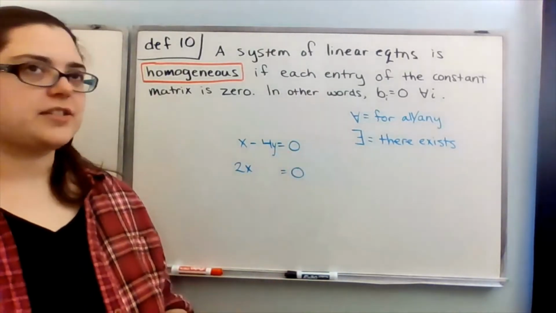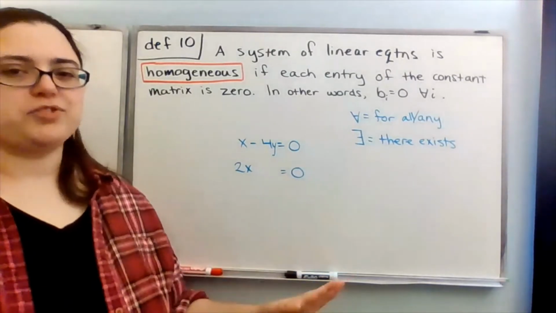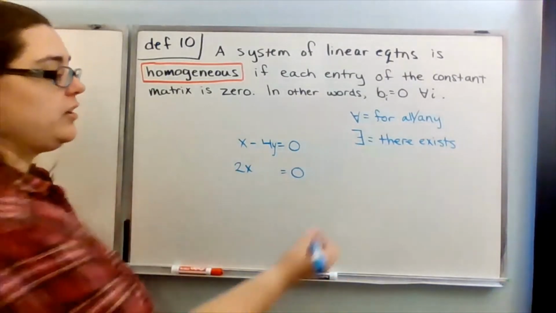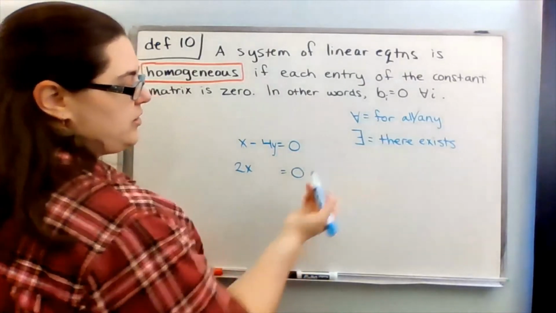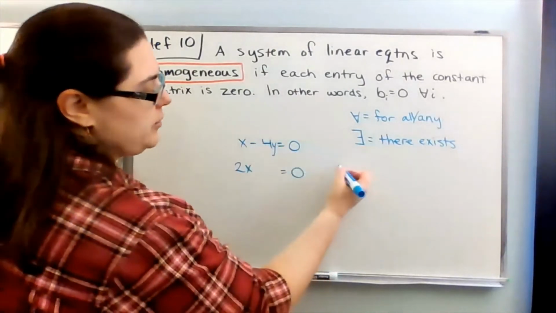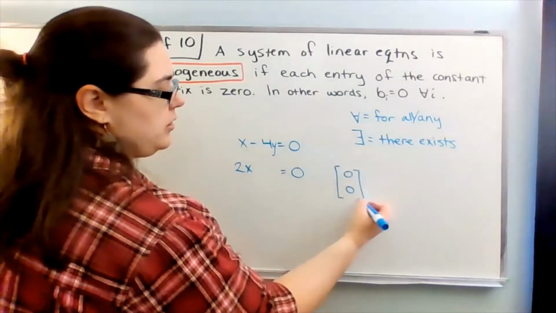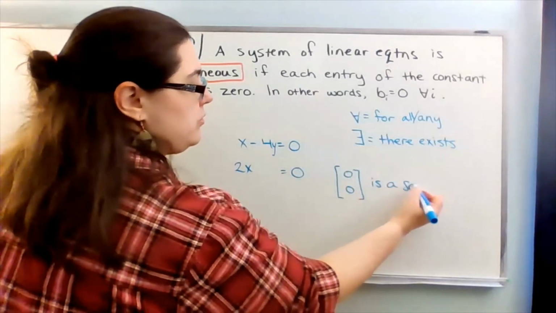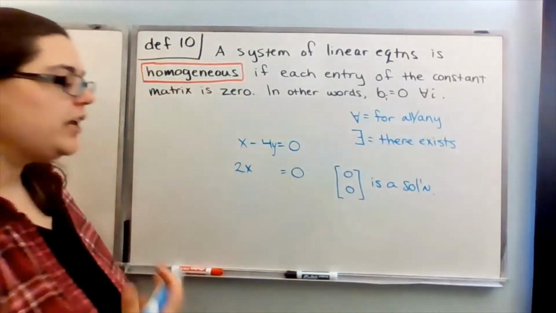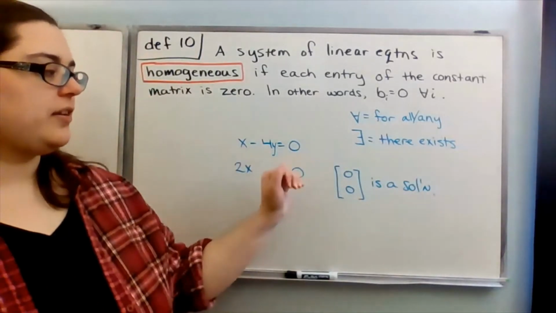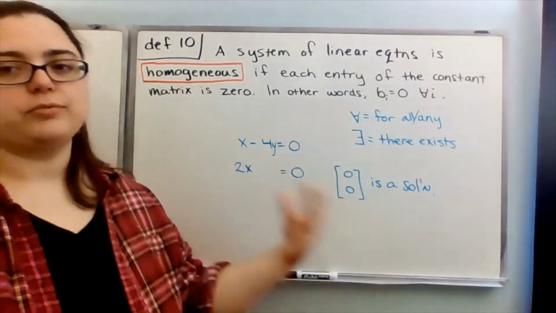Now, something that's going to happen no matter what homogeneous system you have: in this case, because I have two variables, I'm going to have a 2 by 1 matrix as my solution. If I had 3 variables, then the matrix 0, 0, 0 would be a solution.